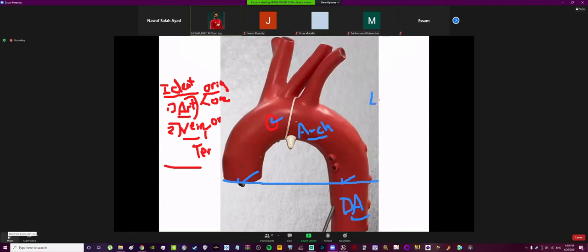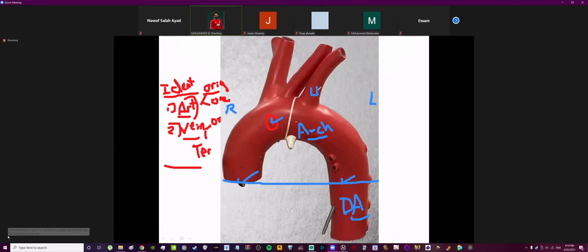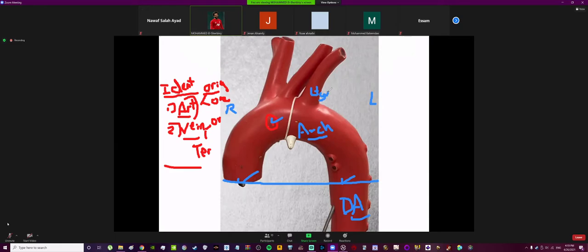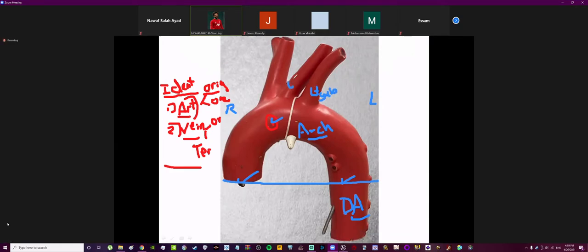The first branch here is the left subclavian artery. The middle one will be the left common carotid, and this one will be the brachiocephalic artery.